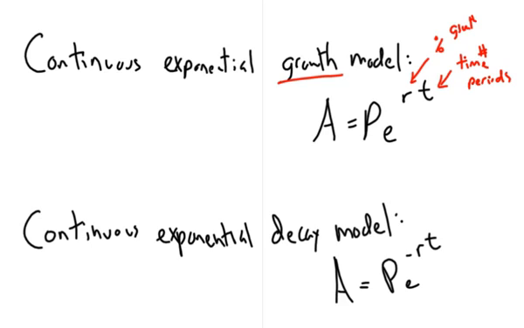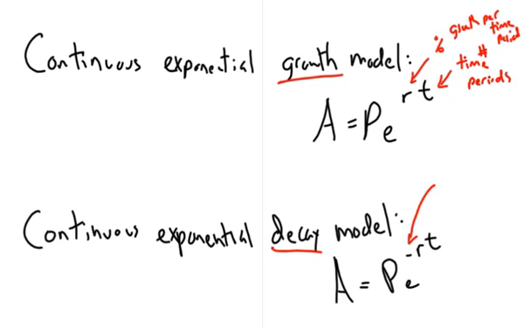Specifically, r is the percentage of growth over whatever your time period is. So it might be growing, being compounded, 3% per that time period, and that time period could be per second, or a given time period like weeks or days or whatever. And then t is the number of time periods.